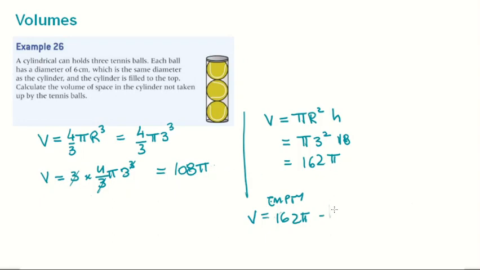Now it's more reasonable. So this is minus 108 pi, and then 162 minus 108, that's going to be 54. Is everything right? Yeah, that's it. So that's 54 pi. And this time, yeah, makes sense.